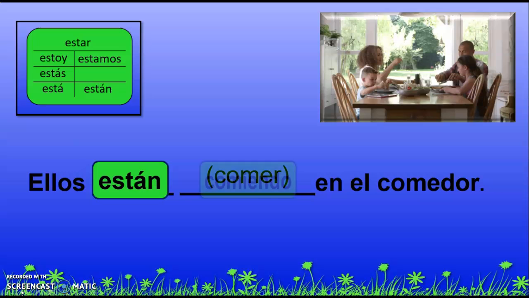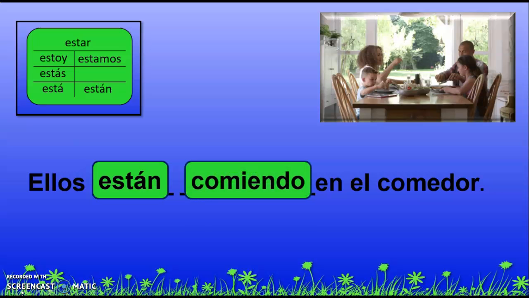So your answer would be ellos están comiendo en el comedor. Did you notice that the word comiendo and comedor look really similar? They're basically in the same family. Eating and comedor, the place that you eat, the dining room, are part of the same family of the verb or the noun comer. They are eating in the dining room.